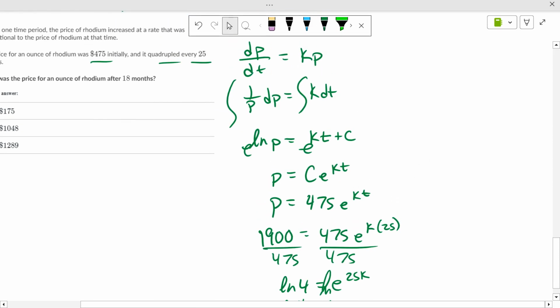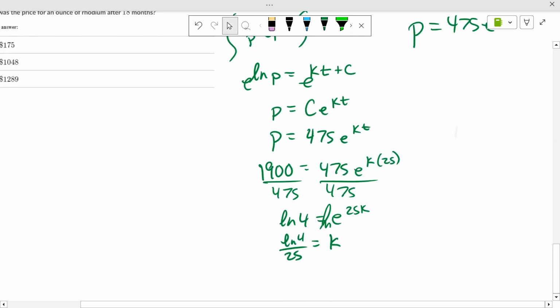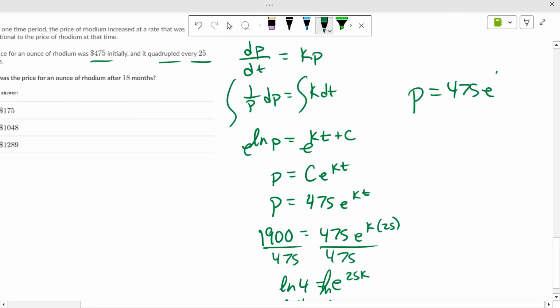So going back to the formula, P equals 475 e to the 1/25 ln of 4 t.